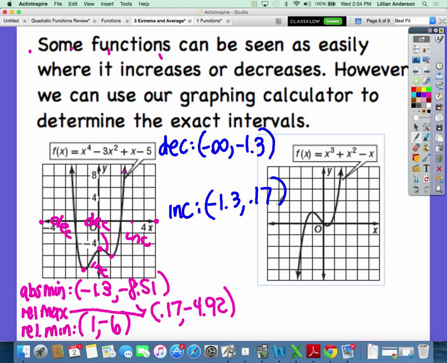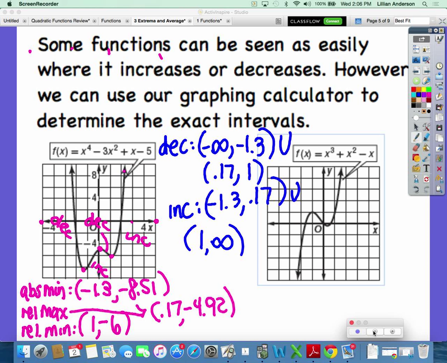Then I go back down, so it's a union with my decreasing. I'm decreasing from what to what? 0.17 to 1. And then I'm increasing again, so union, from there it is. We're going to do this one.